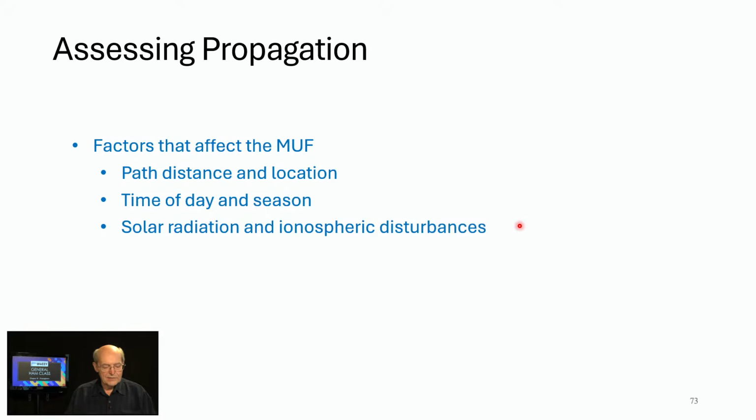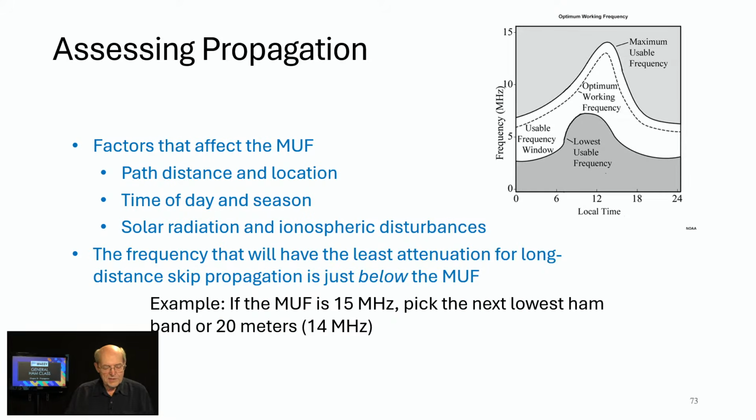And any impact from solar radiation and ionospheric disturbances, all of these things can affect the MUF. So it sounds like we've got all of these coming our way. The frequency that will have the least attenuation for long-distance skip propagation is just below the maximum usable frequency.